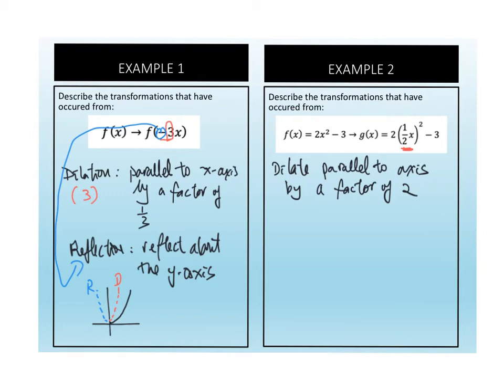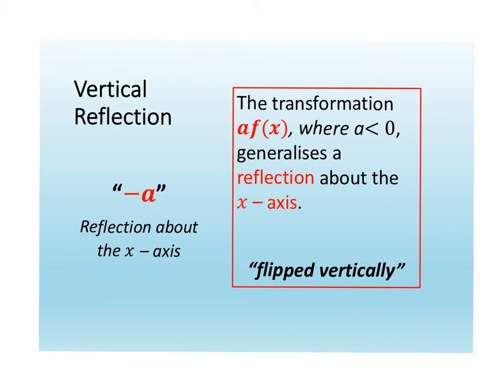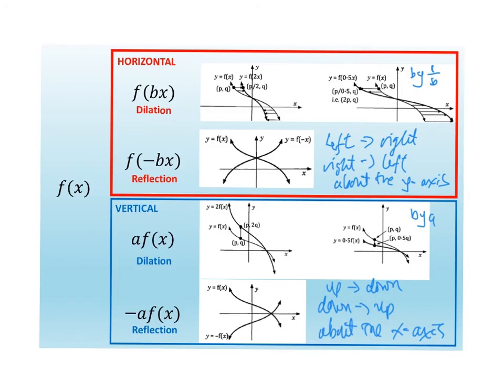All right, so let me pause this for a while. Use this one as a guide. Make sure that you know your horizontal dilation, your horizontal reflection, your vertical dilation, your vertical reflection.